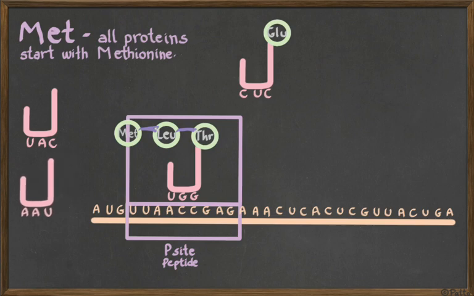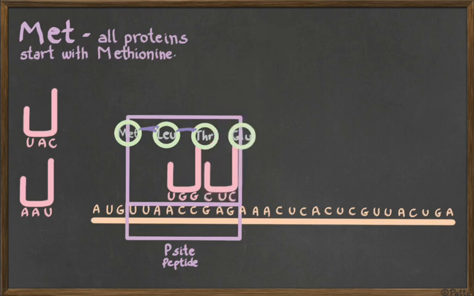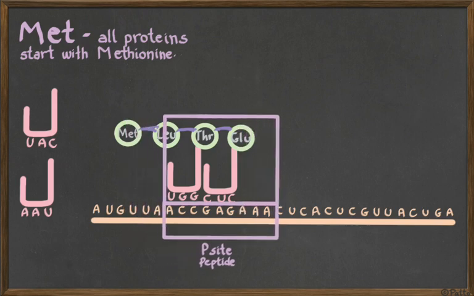And I have a GAG, that allows a CUC to enter. So CUC is going to enter here, and I have peptide bonds, and this one here is going to move one more position over there, and this will carry on and on with the transfer RNAs that have already given their amino acid leaving over there.